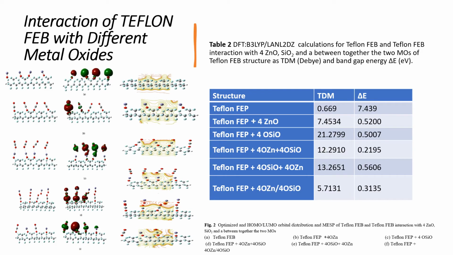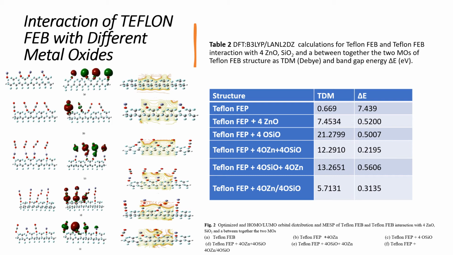From the previous result, we studied the interaction of zinc oxide and silicon dioxide and the combination of the two metal oxides layer by layer with Teflon FEP through the active site of position 3. By calculating HOMO-LUMO orbital distribution and molecular electrostatic mapping, the result indicated that metal oxides enhanced the electronic properties of Teflon FEP and its reactivity.